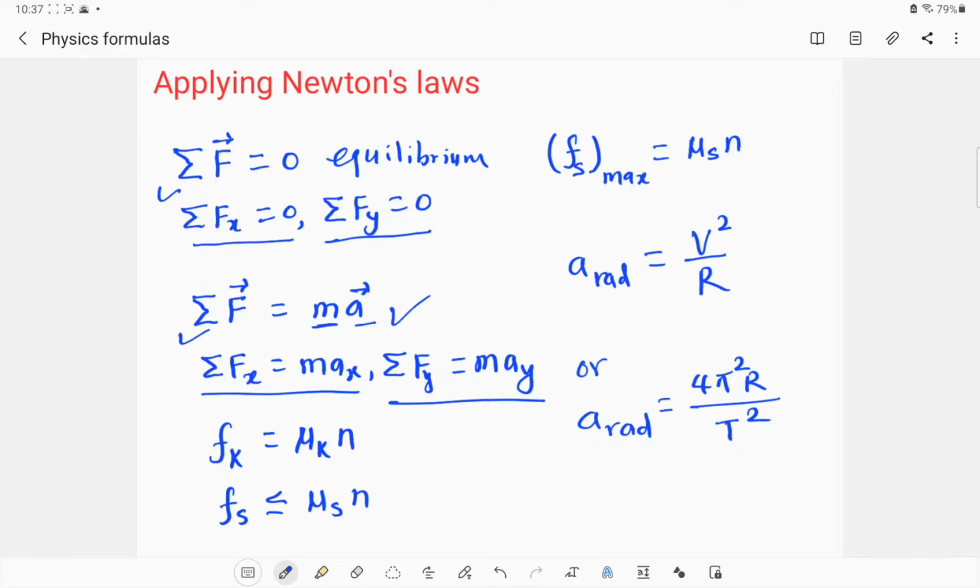Friction is the other thing that comes into play when we are dealing with forces or Newton's laws of motion. That's why I have included the formulas related to friction. And the frictional force is closely related to the normal force.